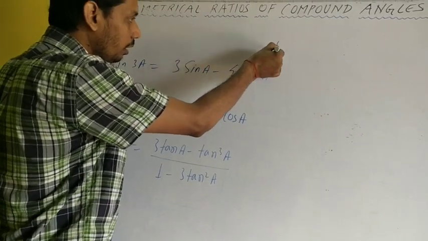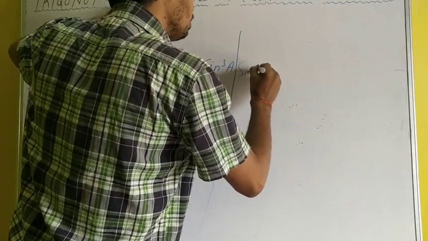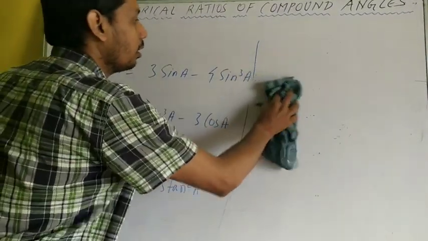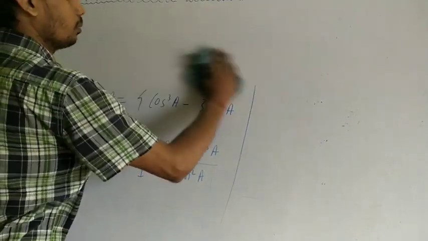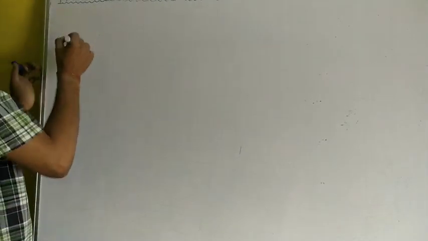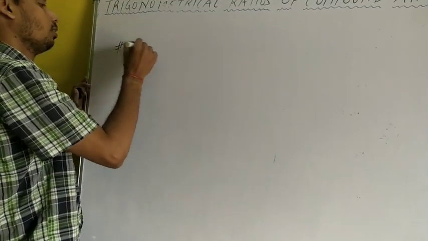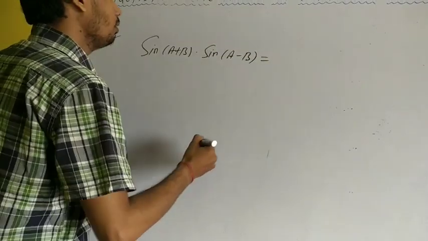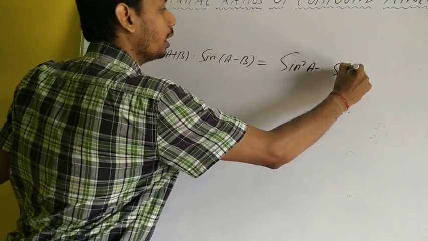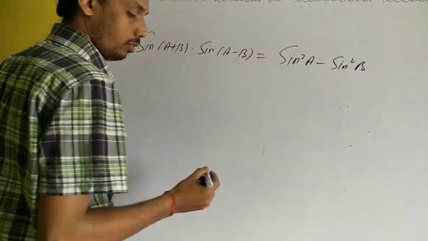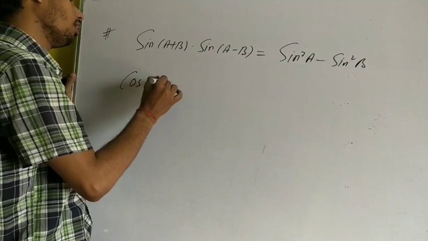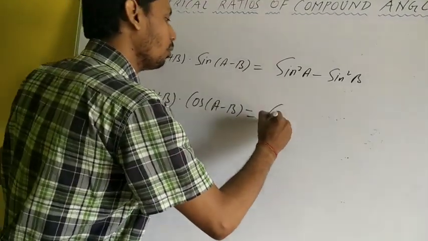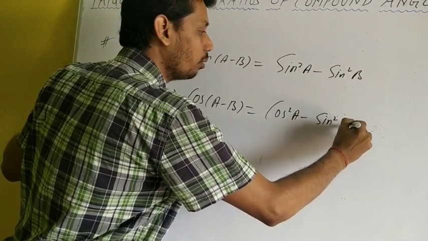Now next to it, sin A plus B into sin A minus B is equal to sin square A minus sin square B. But cos A plus B into cos A minus B is not equal to cos square A minus cos square B. This is equal to cos square A minus sin square B.